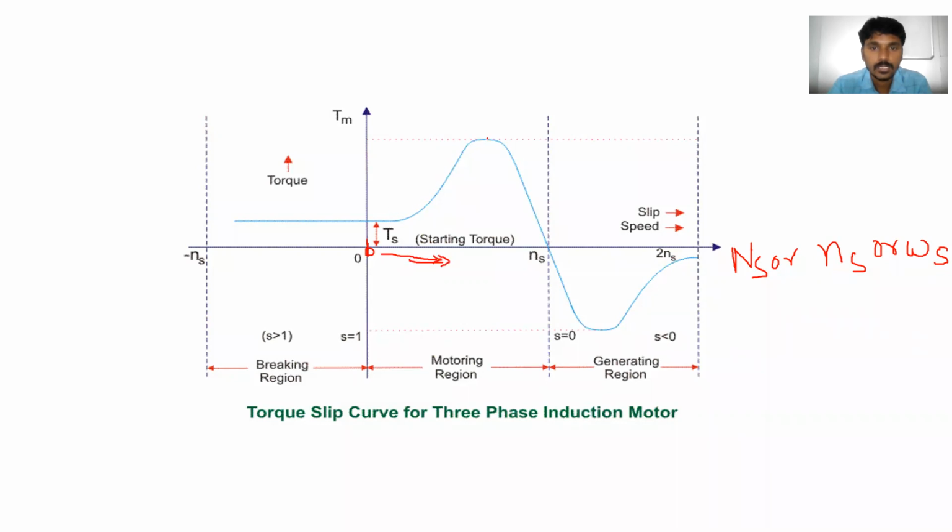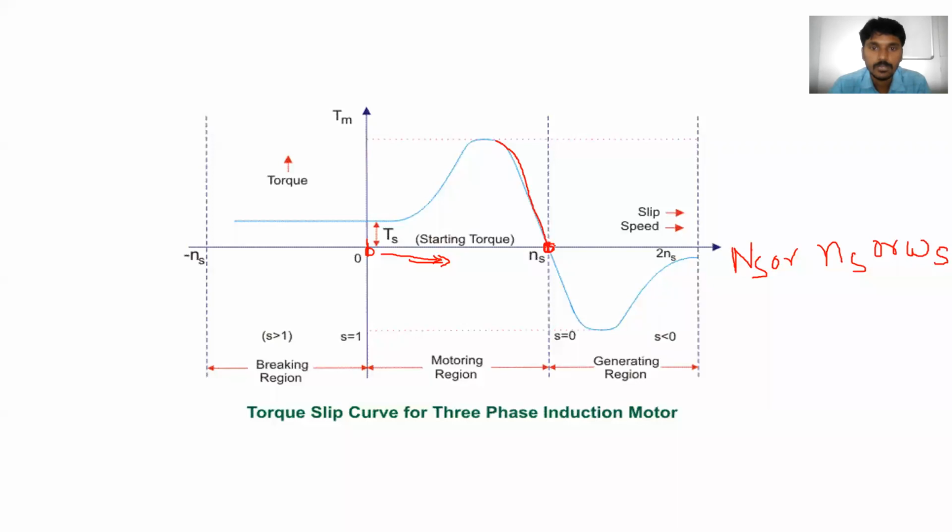The torque also increases up to a particular value, and when the speed is increased beyond some particular value, then the torque is going to decrease, and this torque becomes zero at this position.